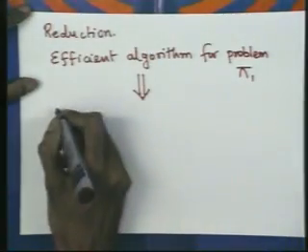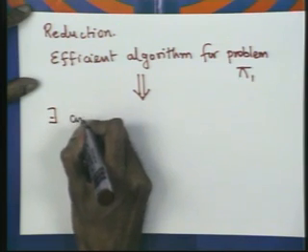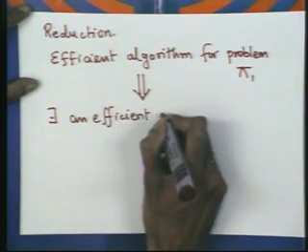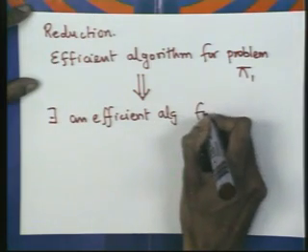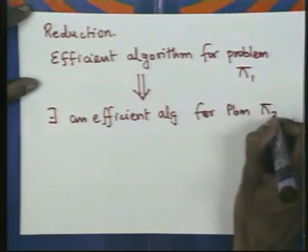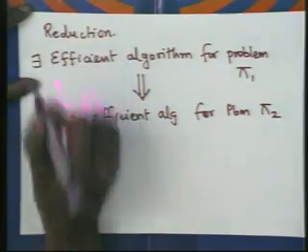We essentially showed that this implies that there exists an efficient algorithm for problem pi 2. So given that there exists an efficient algorithm for problem pi 1, we show that there is an efficient algorithm for problem pi 2.